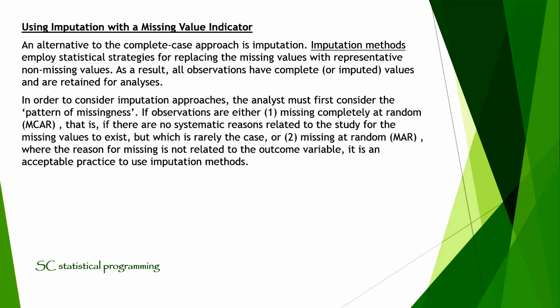In order to consider imputation approaches, the analyst must first consider the pattern of the missingness. If observations are either number one, missing completely at random, that is, if there are no systematic reasons related to the study for the missing values to exist, but which is rarely the case, or number two, missing at random, where the reason for missing is not related to the outcome variable, it's an acceptable practice to use imputation methods.